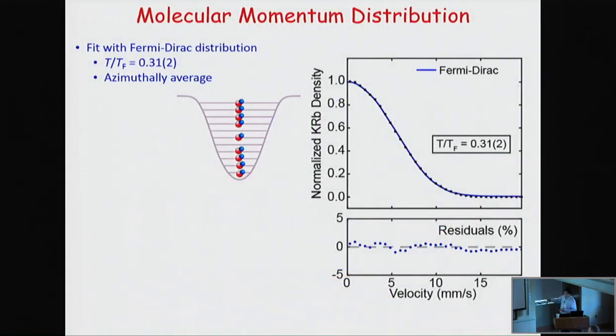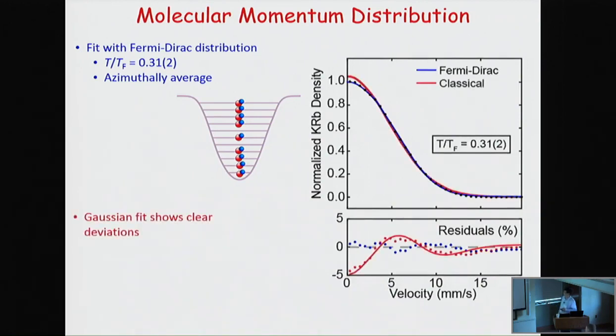We can do a very quick molecular momentum distribution measurement. Here's a Fermi distribution, and you look by momentum expansion in free space. You can look at the momentum distribution as a function of the free flight time. And here's a fit with the Fermi-Dirac function, and you can see the residual looks pretty good. If you try to fit it with a classical Gaussian function, it deviates away from that classical behavior.